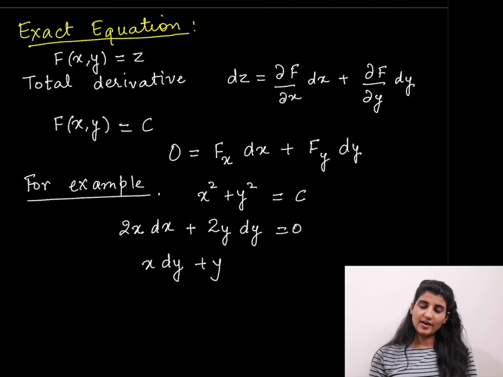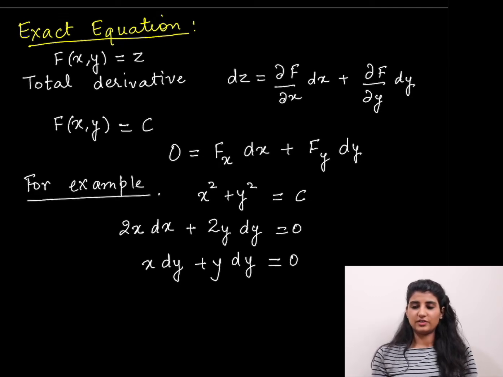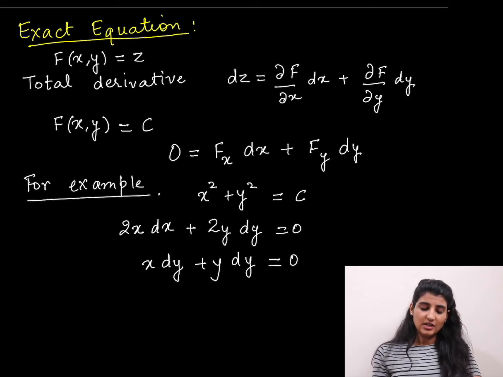So x squared plus y squared equal to a constant can be written in the form of this differential equation. This is a solution of this differential equation.